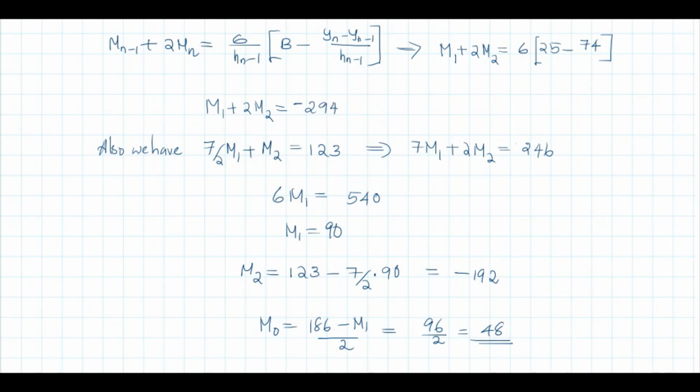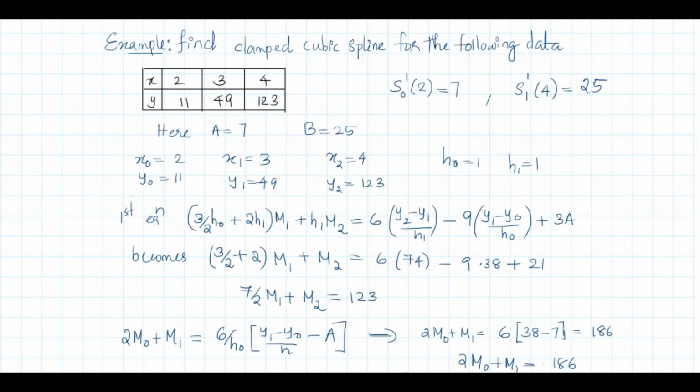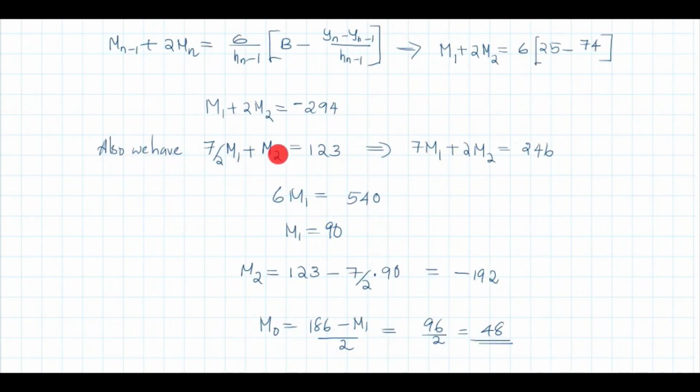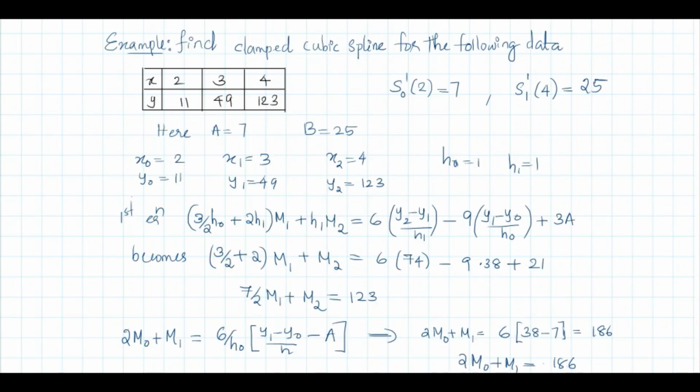So you can write this equation 7/2 m1 as 7 m1 plus 2m2 equal to 246. Using these two relations, you can eliminate m2 and 6m1 is equal to 540, m1 is equal to 90. Put this value of m1 here, you will get m2.